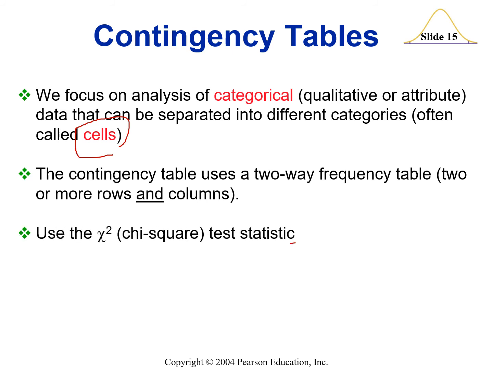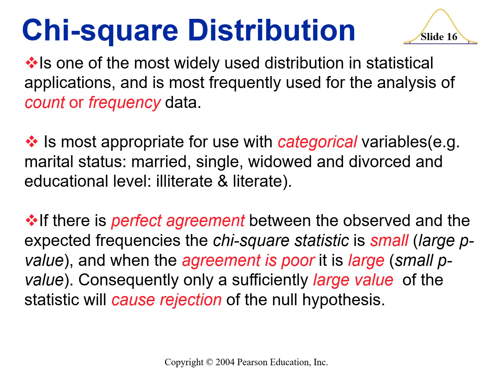We use the chi-square test, a very well-known statistical test for analyzing contingency tables. The chi-square distribution, which is used to analyze categorical variables or categorical data, is one of the most widely used distributions in statistical applications. Why widely used?